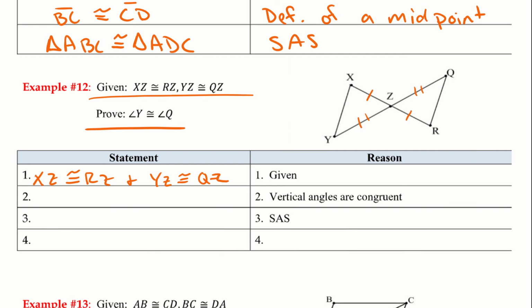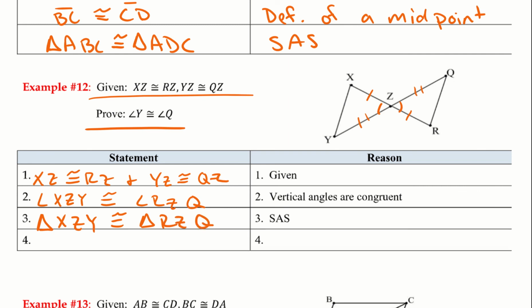Looking at my diagram, I see I have vertical angles here, so I can create angle statements: angle XZY is congruent to angle RZQ. Now I have my side angle side to prove the triangles: triangle XZY is congruent to triangle RZQ.